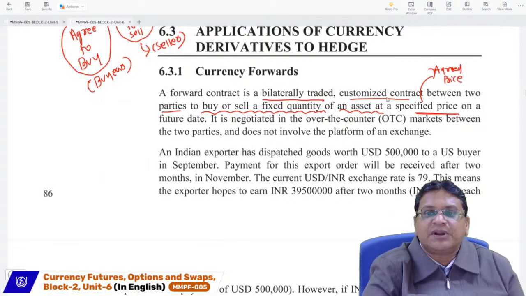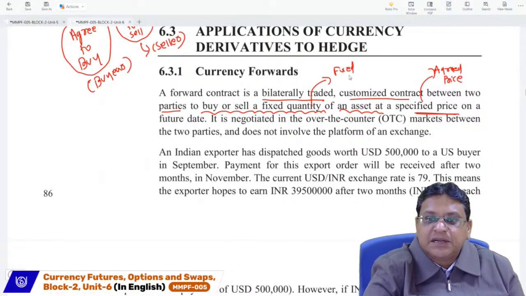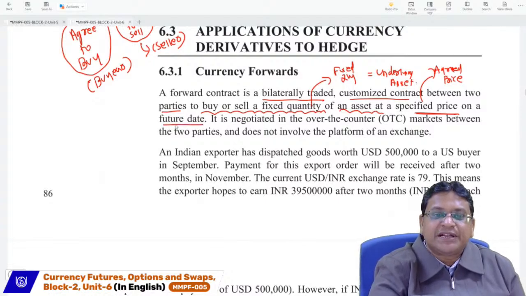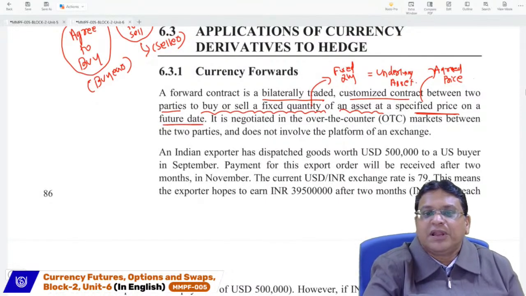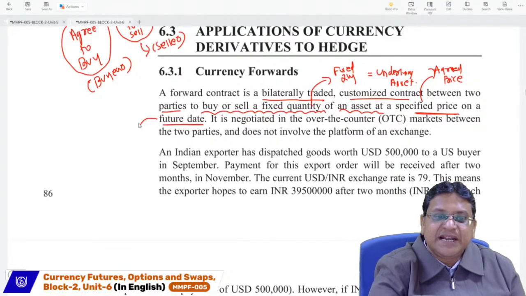So in a forward contract, there is a fixed quantity of underlying asset at agreed price on a future date, and settlement will be on a future date, and this date is known as maturity date.